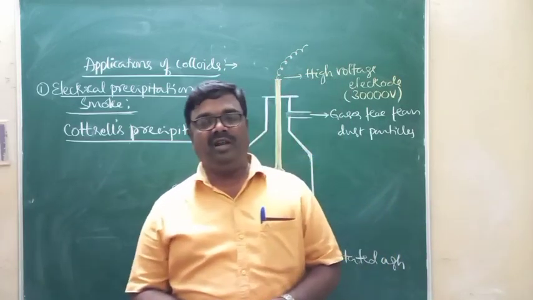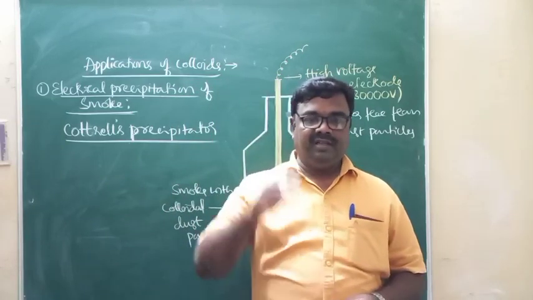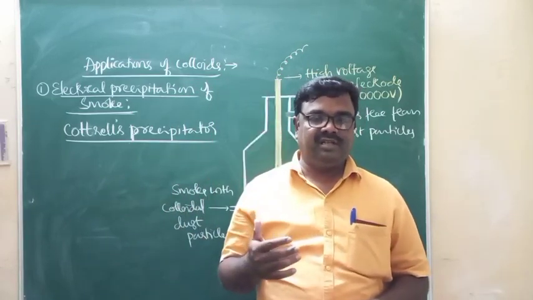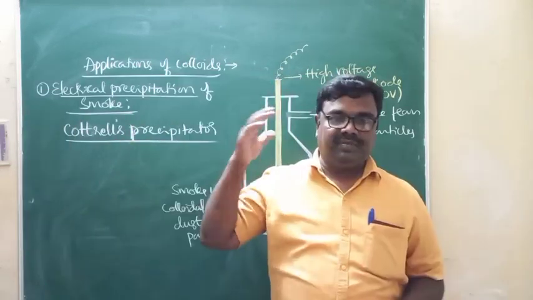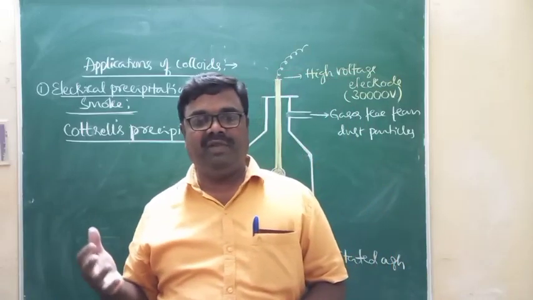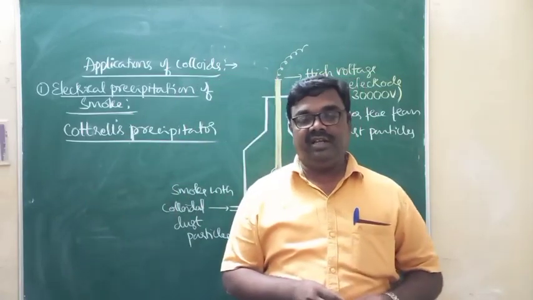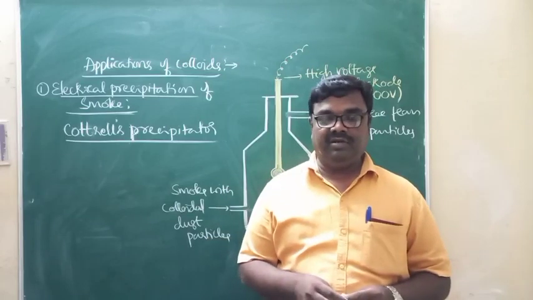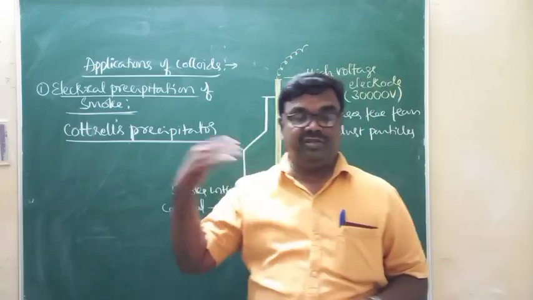These industrial waste gases cannot be directly released into the atmosphere because the presence of these colloidal impurities will cause various health hazards to living things. Because of that, these industrial gases are to be purified before they are released to the atmosphere.